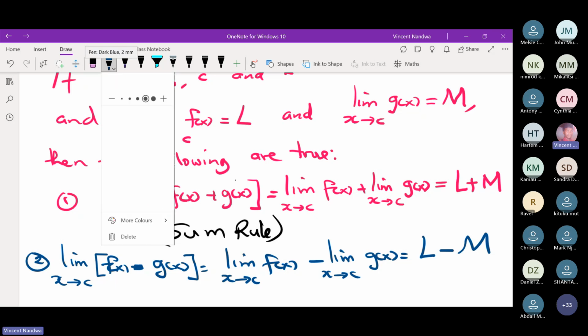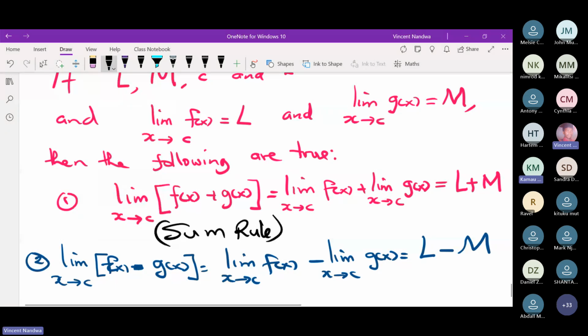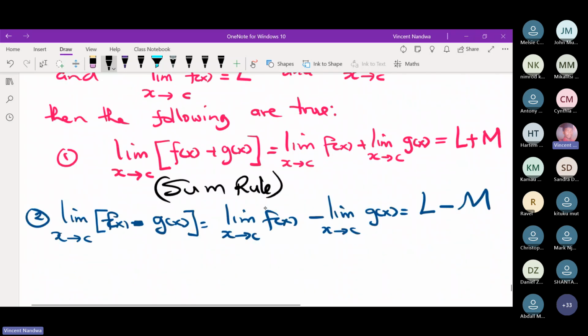This will be called the subtraction or difference rule, correct. So this is called the difference rule.